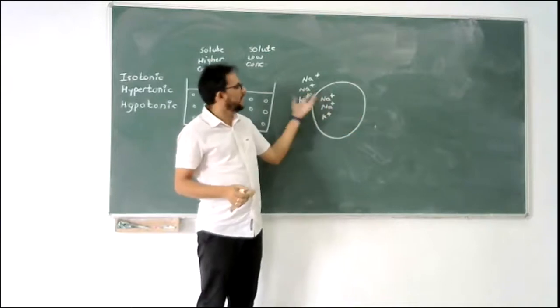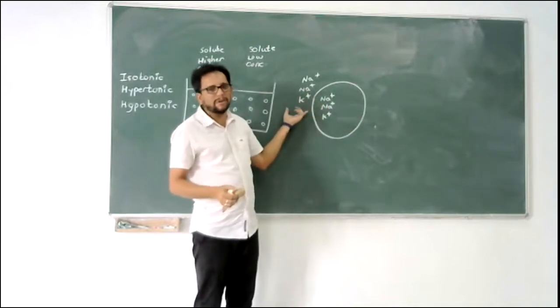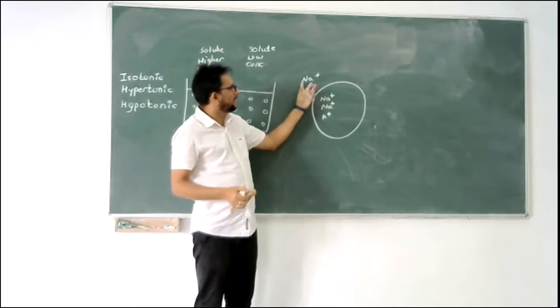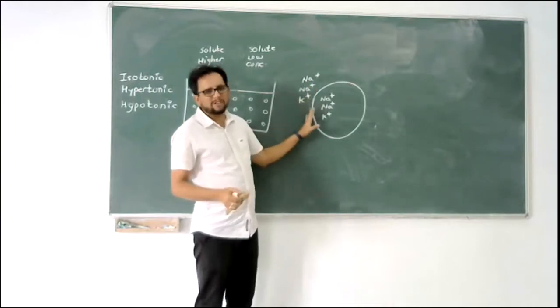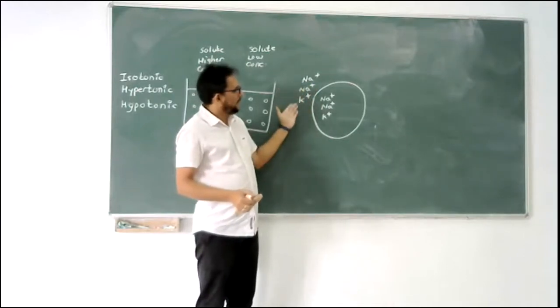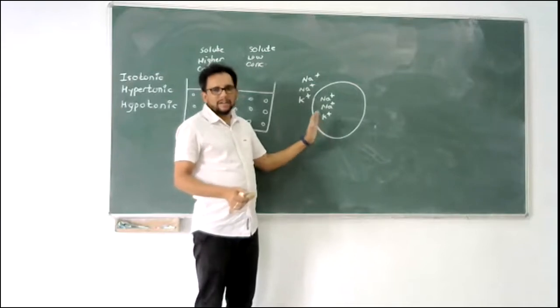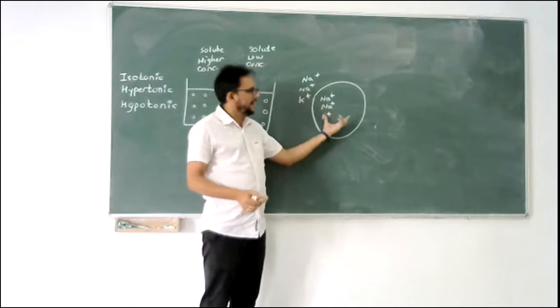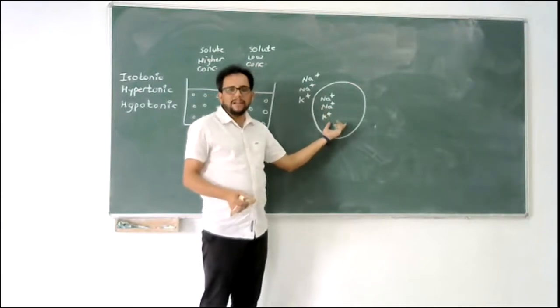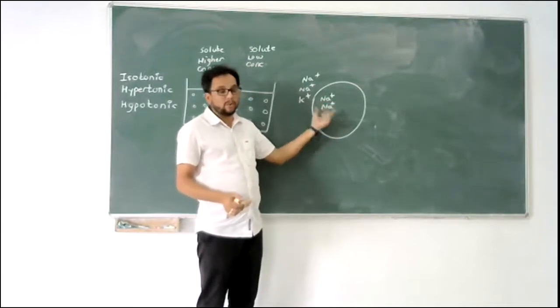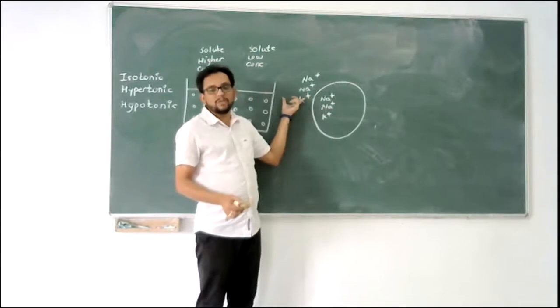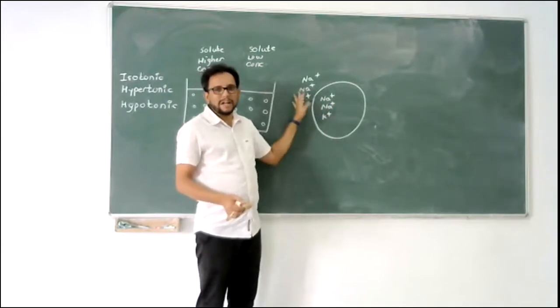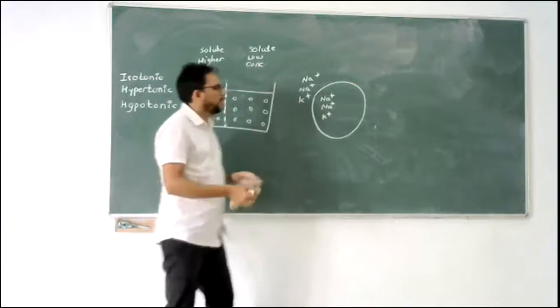I'm just talking in terms of certain solute molecules. In this case, I'm taking an example of sodium and potassium ions. If outside are 3, inside are 3, that means they are the same on both sides. So the inside of the cell is isotonic with respect to the outside of the cell. So that way we say it is isotonic.